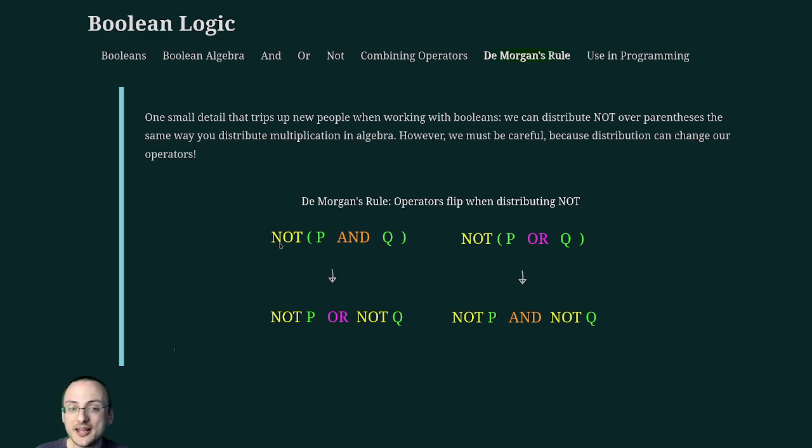When you do that, you have to be careful with your ands and your ors, because ands and ors flip when we're distributing nots. So that is De Morgan's rule. It is the one thing that always trips people up when they're doing Boolean logic. But hopefully, if you keep that in mind, you can manipulate your expressions without accidentally causing a bug in your programs.